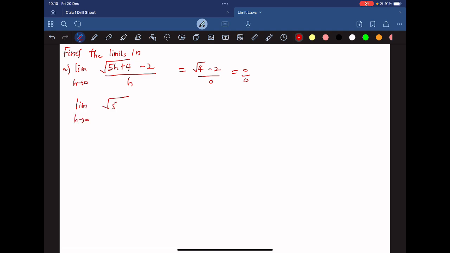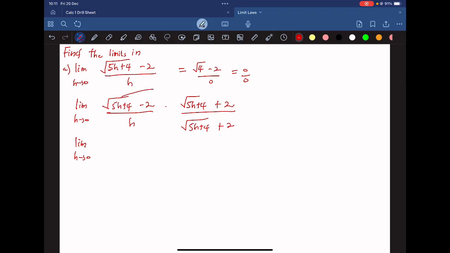So for the conjugate, all that you have to do is to change the sign in between. You have to change the sign in between to positive, right? So you have plus over here. This is the same thing. Now the next step is, since the radical is in the numerator, just multiply out the numerators.